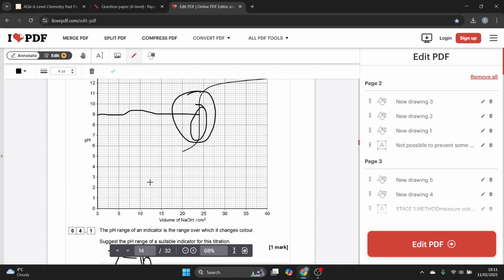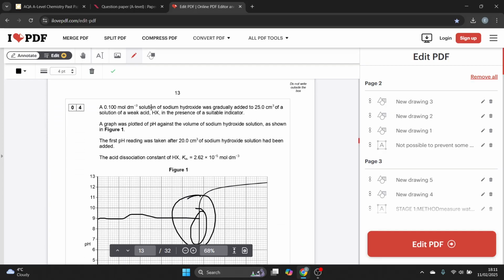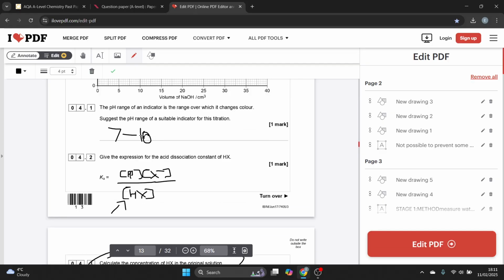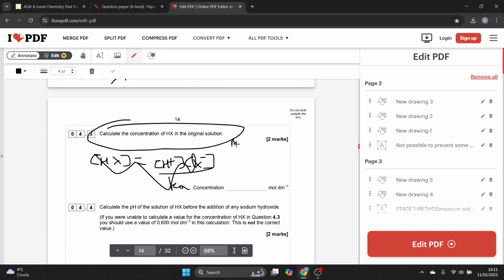Calculate the concentration of HX in the original solution, and it says this much solution of sodium hydroxide is gradually added to this much of weak acid. So the moles of HX and the moles of sodium hydroxide equals what?